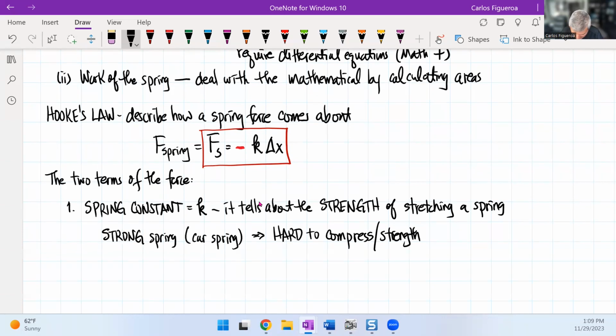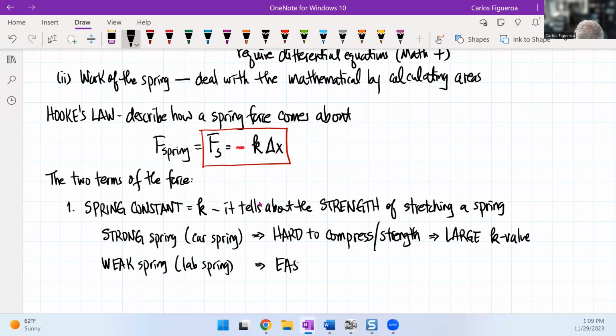Okay. So it's hard to compress, and because of this, they have a large spring K value. On the other hand, if we have a weak spring, the weak springs are the so-called lab springs, the ones that we've used multiple times. These are easy to compress, and because they're easy to compress, they have a small K value.